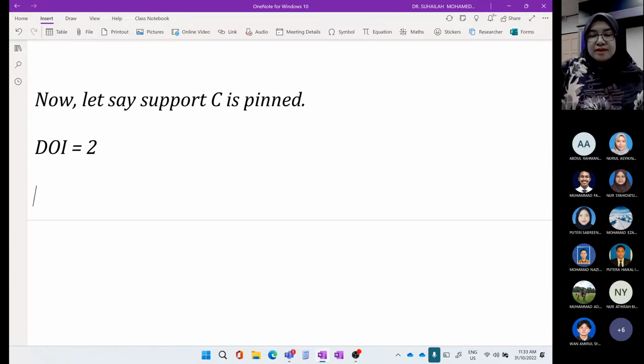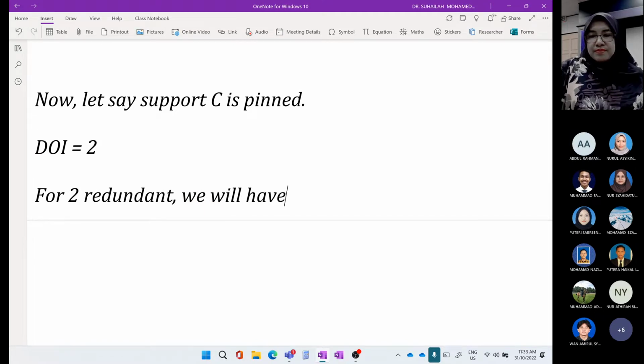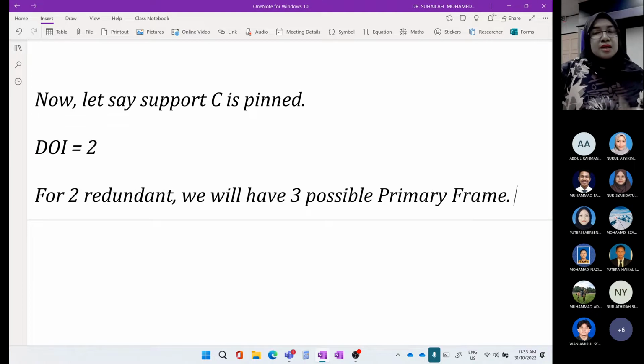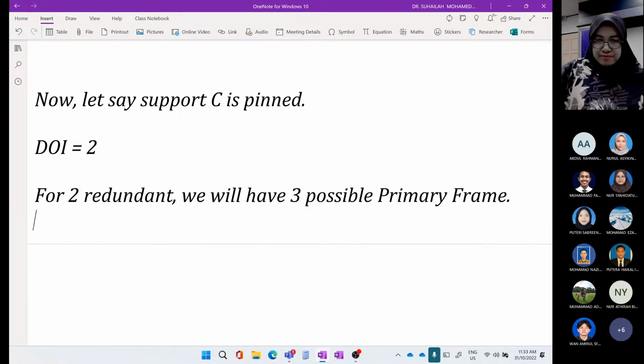Okay, for 2 redundant, we will have 3 possible primary frame. Okay, 3 possible primary frame.